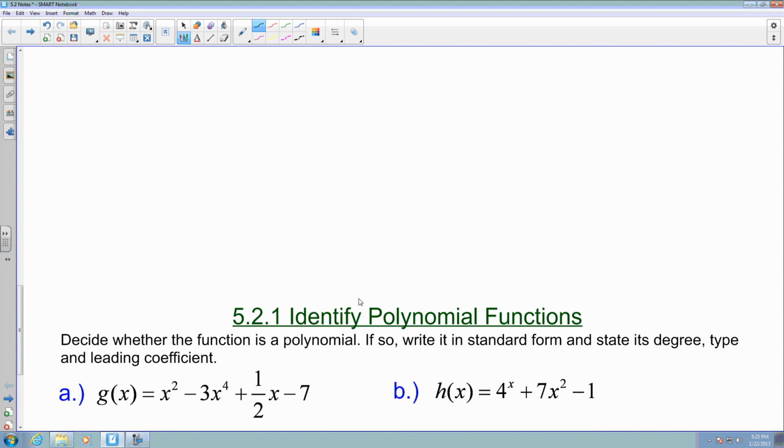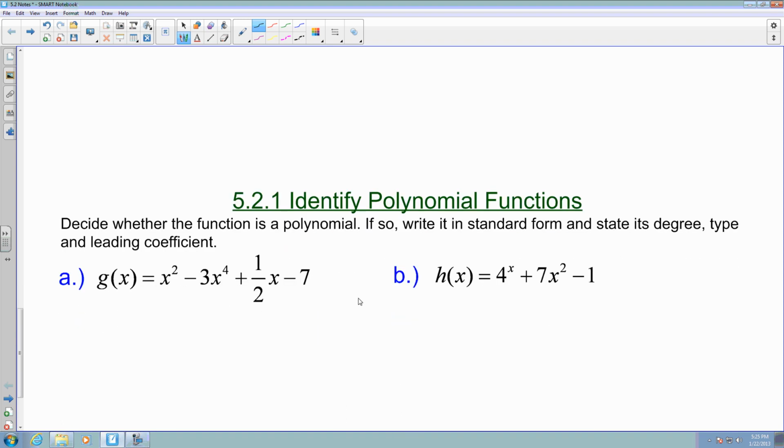One of the things that we're trying to look for is to identify polynomial functions. To tell whether or not they are polynomial functions, there are two things we have to keep in mind. First, we have to see if any exponent is negative.